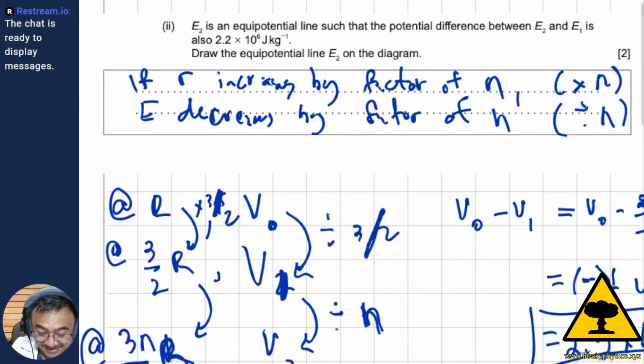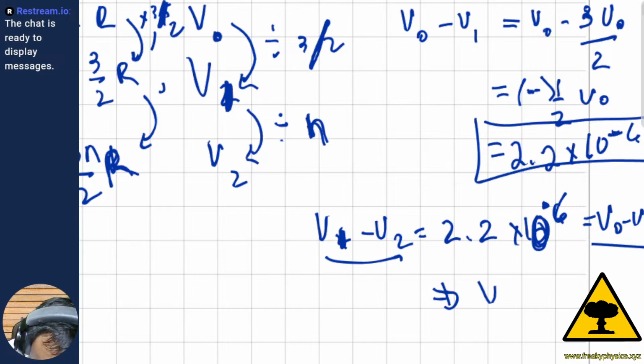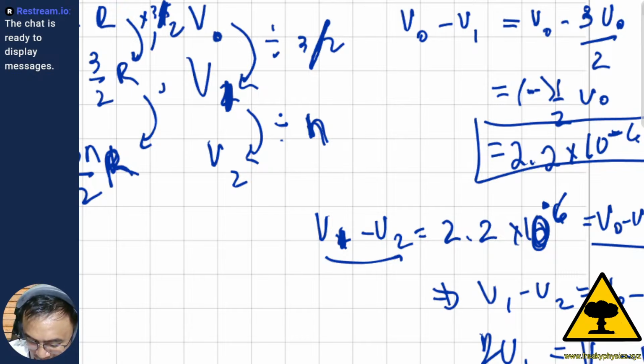Okay, if the difference is the same, and this is also equal to V0 minus V1, then let's just do the math real quick. V1 minus V2 equals V0 minus V1, or 2V1 mathematically will be equal to V0 minus V2.